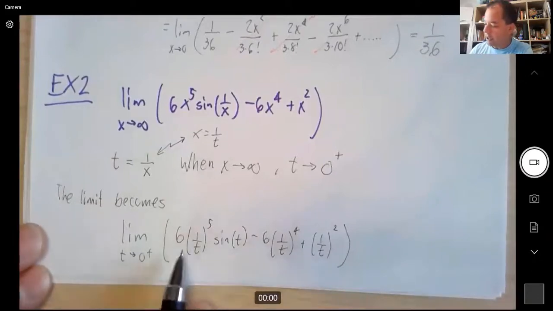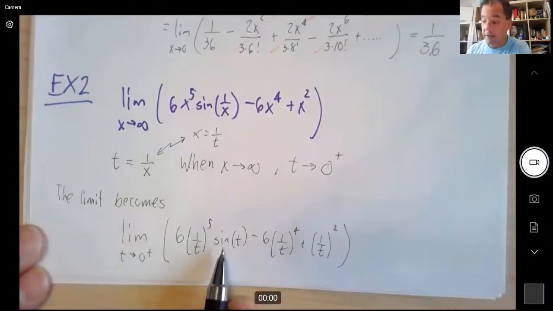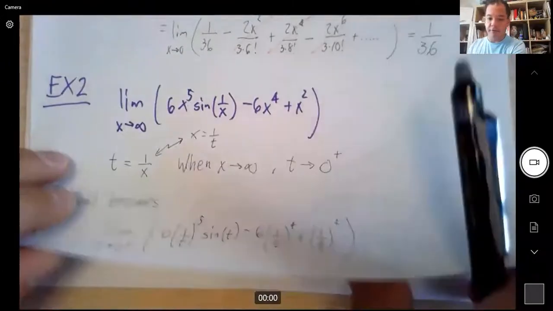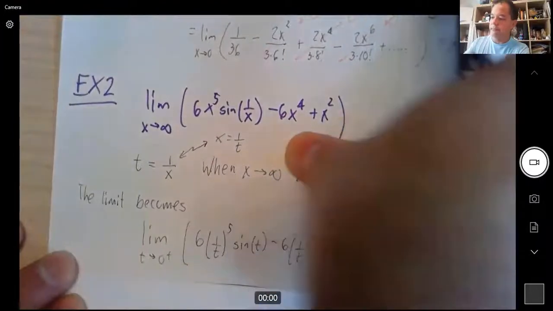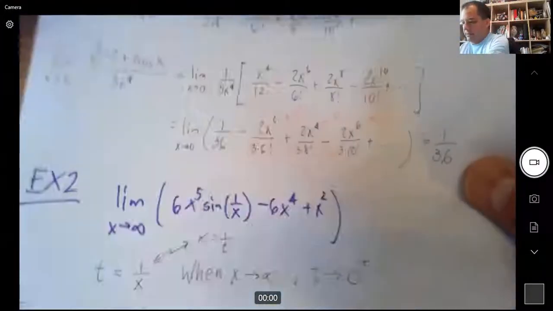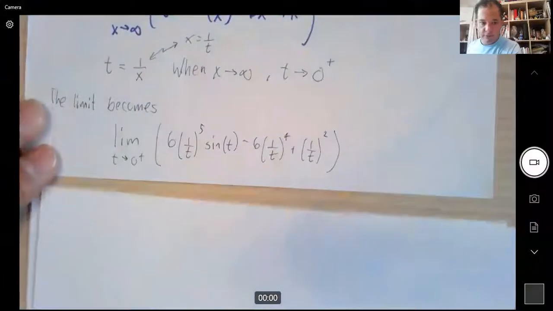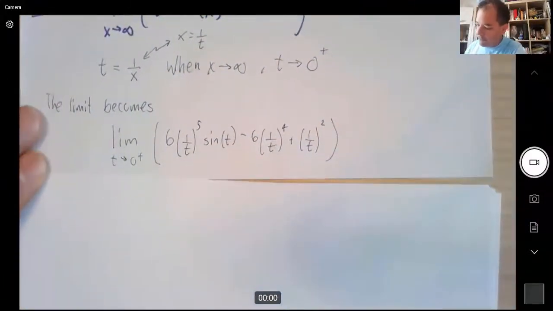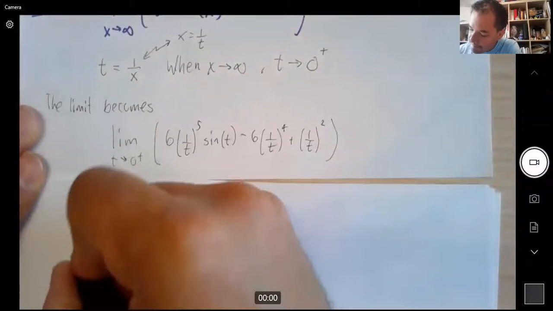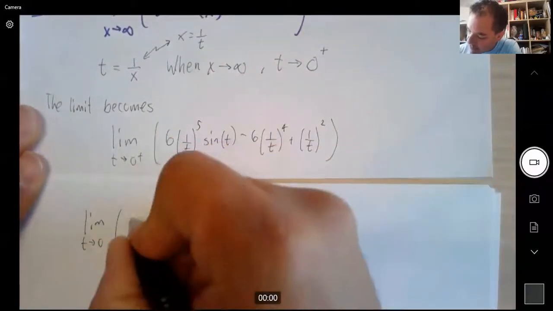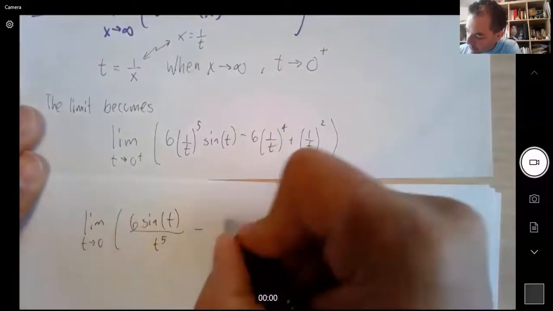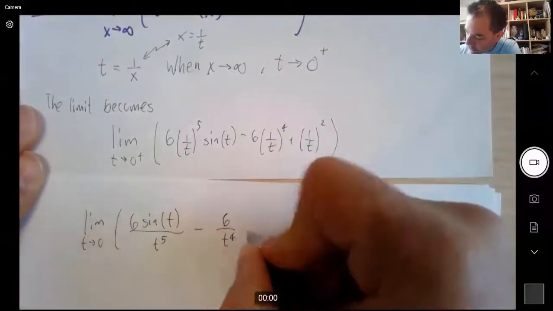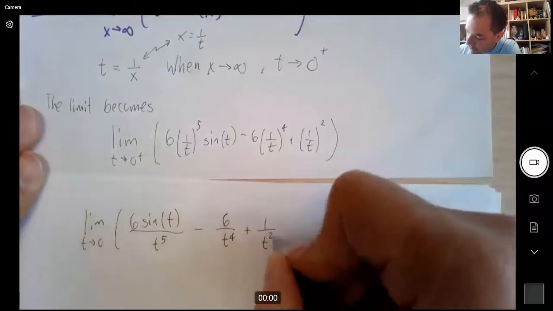Okay. So now let's simplify this expression and then substitute the value of sine, according to its Taylor series or power series in general. So here we go. Our limit is now 6 sine t over t to the fifth minus 6 over t to the fourth plus 1 over t squared, right?